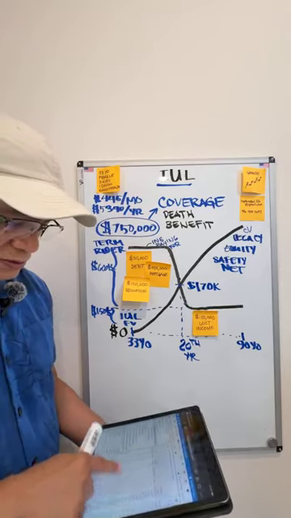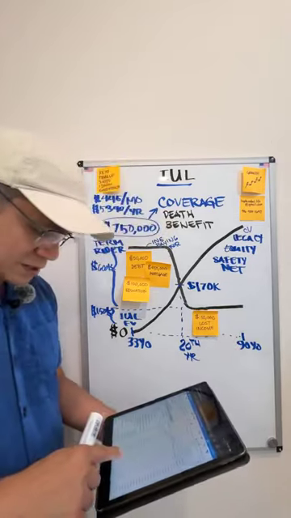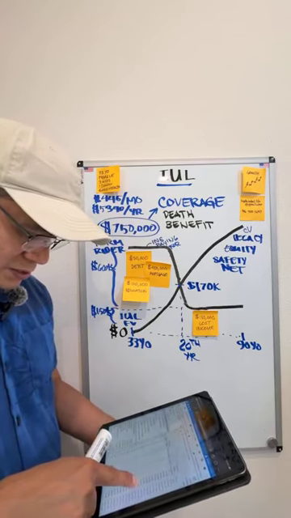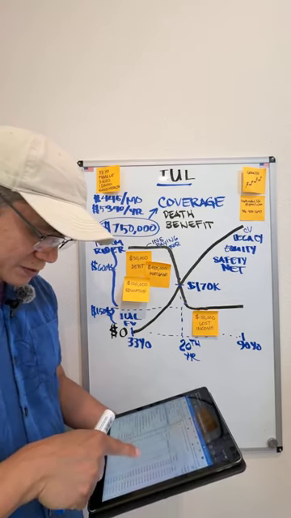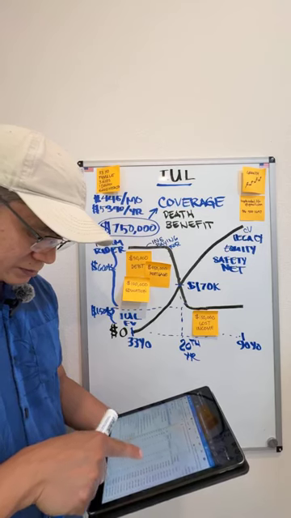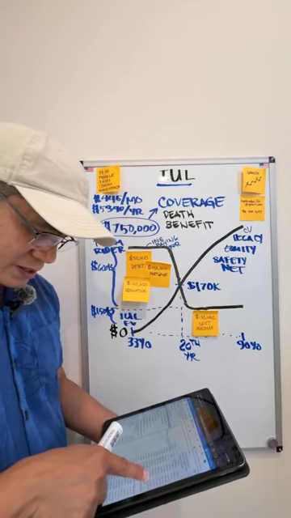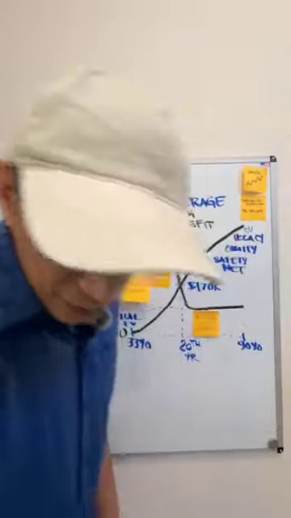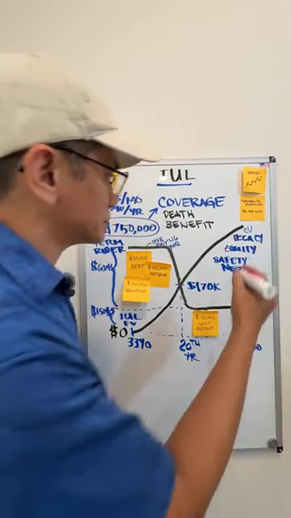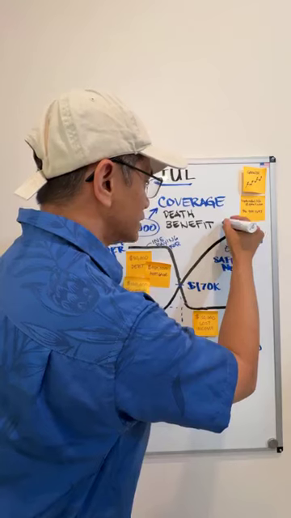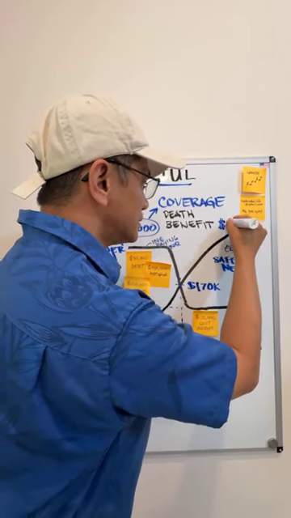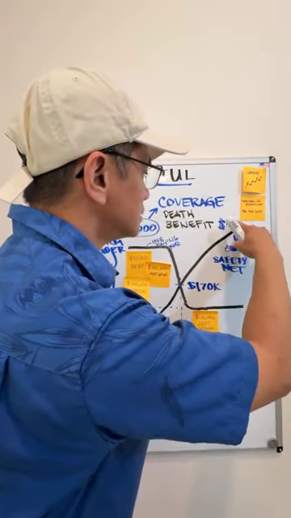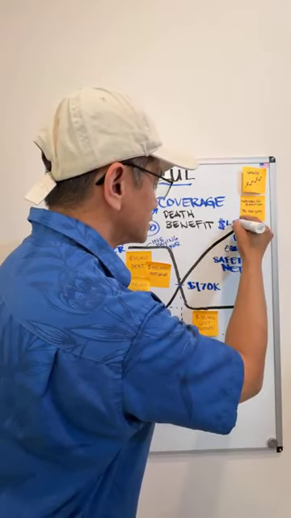Now, let's say at the age of 90, the cash value is coming out as $1,085,000.